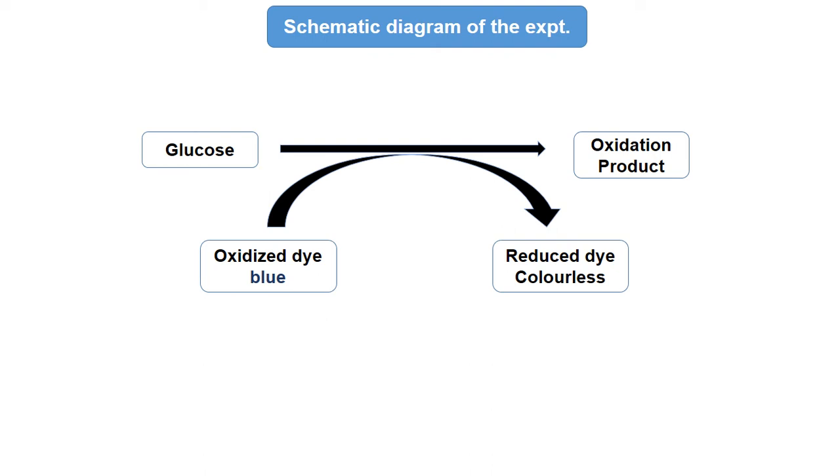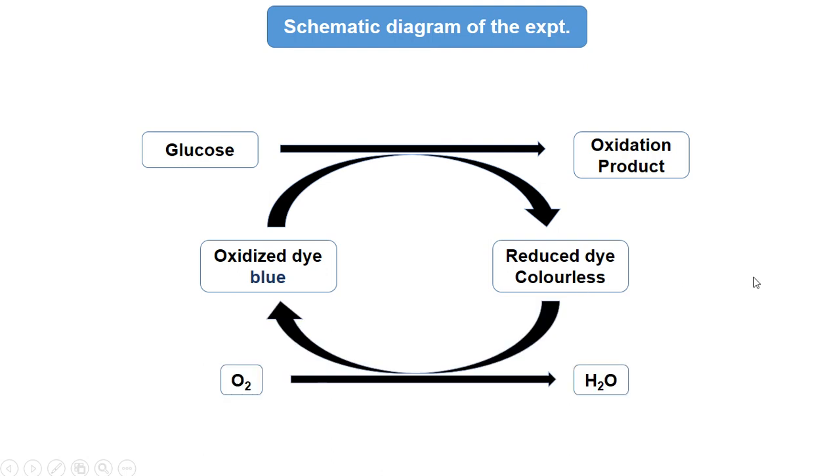That's why at first while adding that dye and glucose solution, the oxidized form of glucose forms and the colorless reduced dye forms. That's why that one is colorless. But if you shake that solution, then in presence of oxygen in air, that reduced dye oxidizes to that blue form, and hence blue color reappears.